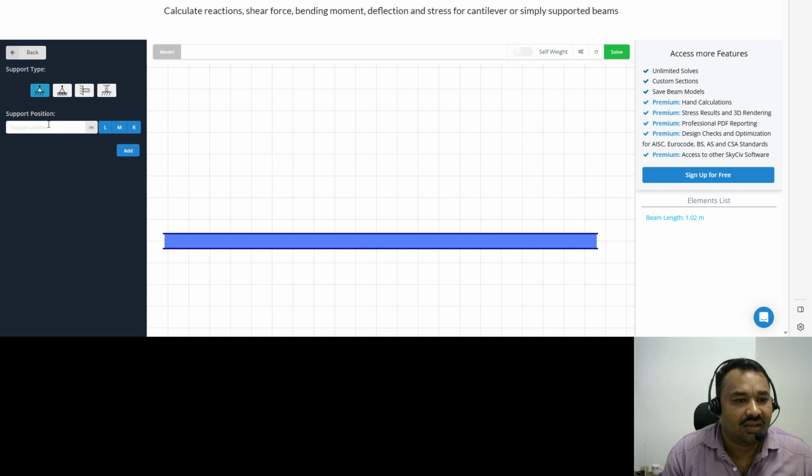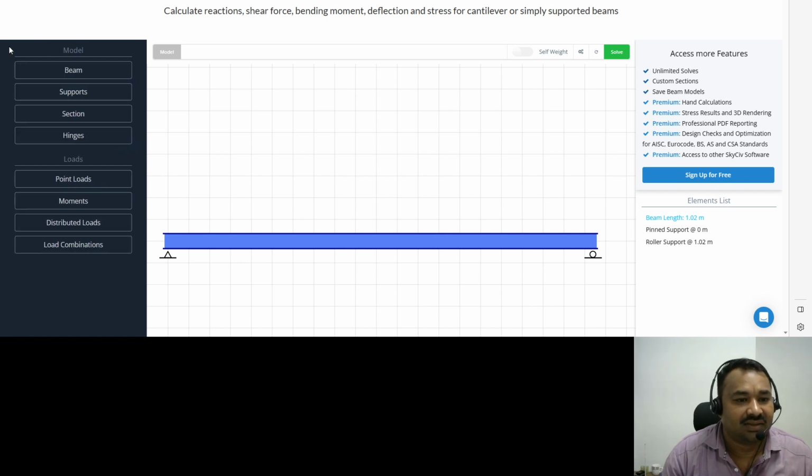So one pin support at 0 distance, I am adding it, and the other is a roller support at 1.02 meter. It is our length of the beam, the simply supported beam.